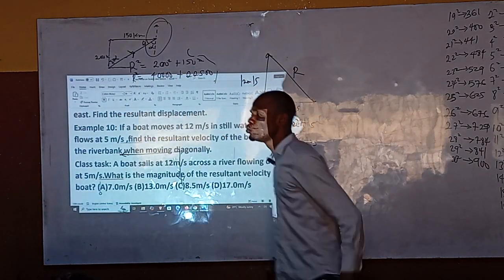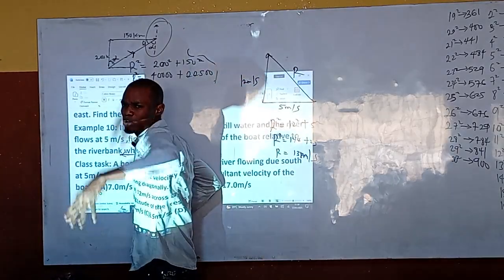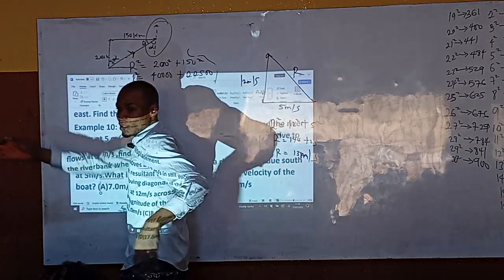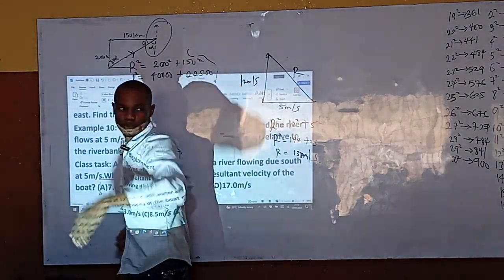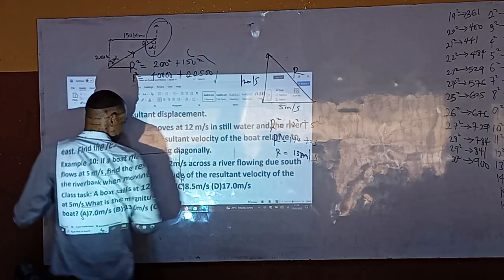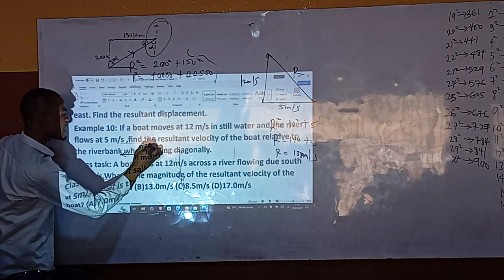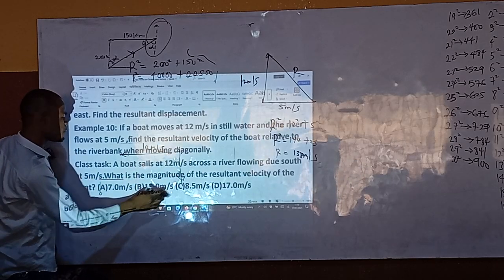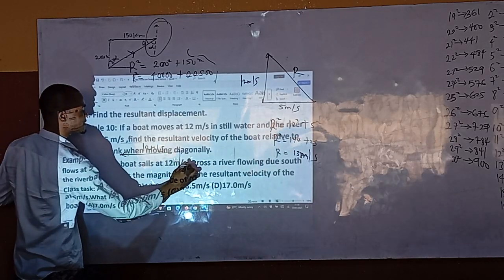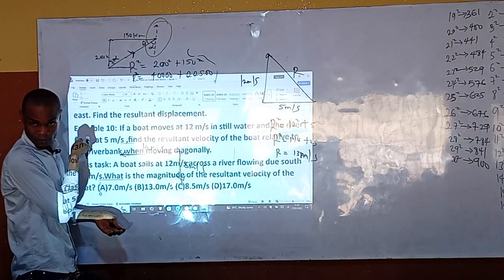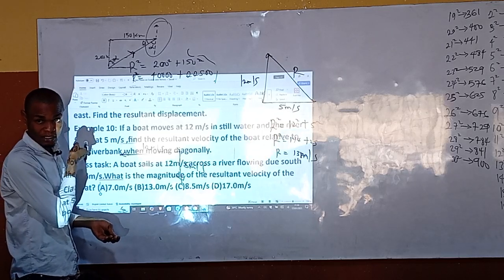And the water will be going either to the right or the left, so you have to use your thinking. If this is the boat, 12 meters per second, and the river flows due south at 5 meters per second. Because I said due south, that's why I put my direction of boat like this.